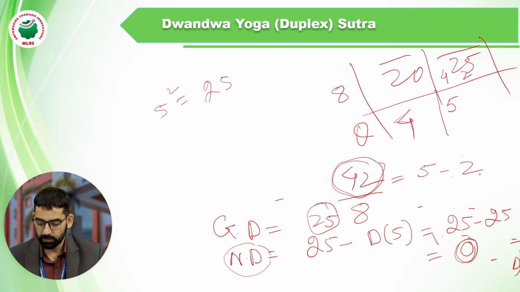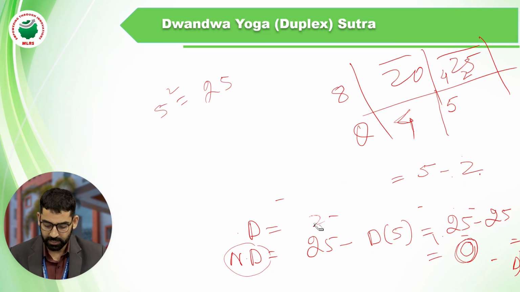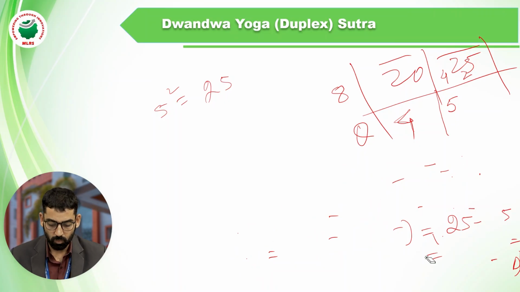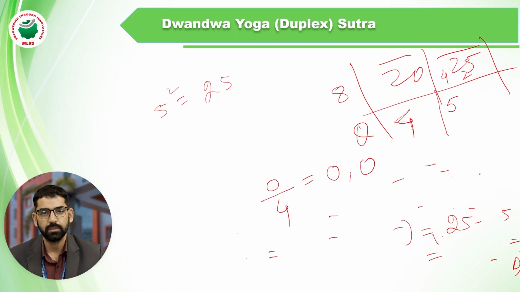So again we have the value of net dividend. So what we do next is, again we will divide this net dividend by the divisor. So net dividend in this case is 0. It is to be divided by the divisor, which is 0 by 4. So the quotient is 0 as well as the remainder is 0.